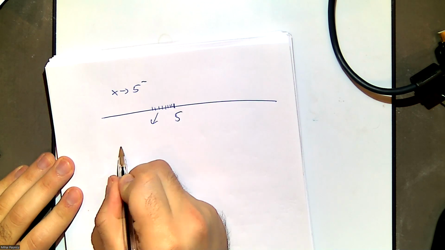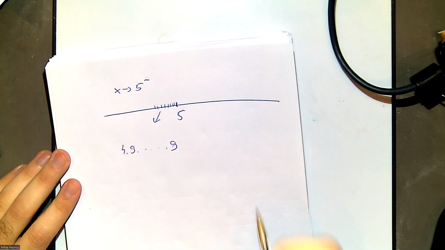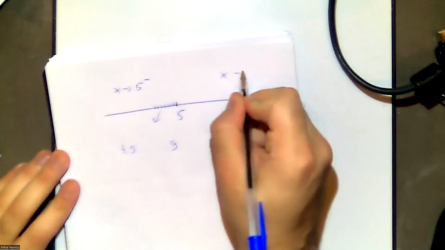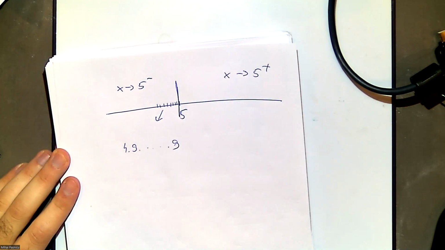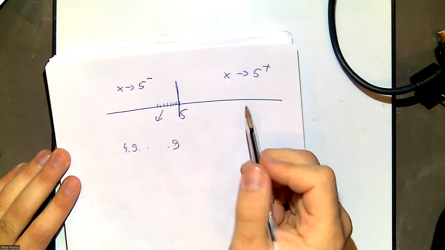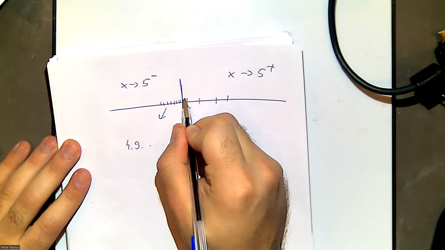So all x's are of type 4.999999. When I'm saying x is going to 5 with a plus, I'm just saying that x is going to 5 from the right-hand side. So we're just getting closer to this 5.